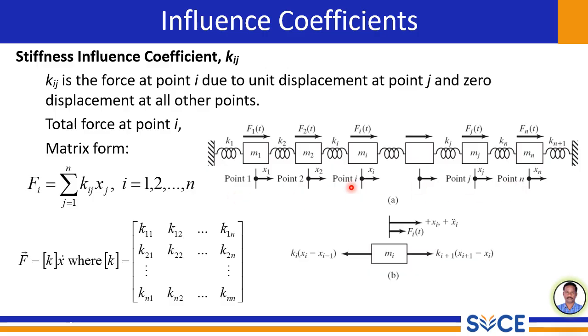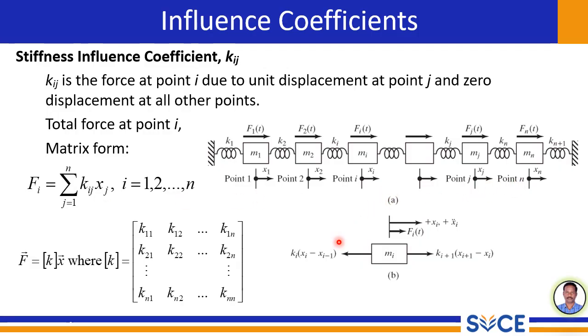The force at point i due to the displacement at point j is given by the product of the stiffness influence coefficient K_ij and the displacement x_j. Therefore, the total force at point i can be expressed as the summation of K_ij times x_j, which is taken over all j from 1 to n.